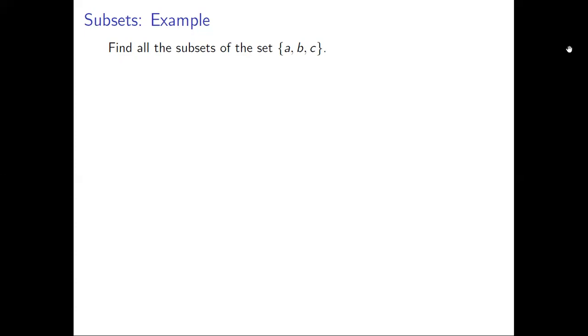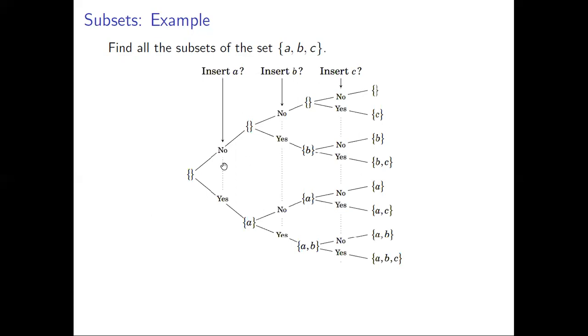So the idea the book uses is as follows. We start on the left here with the empty set. Now we want to make subsets of the original set ABC. A subset might have the letter A in it, and it might not.